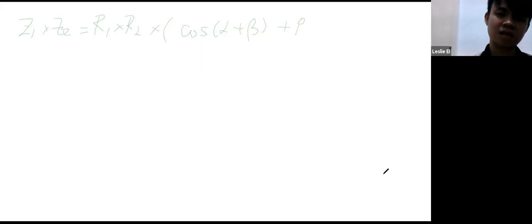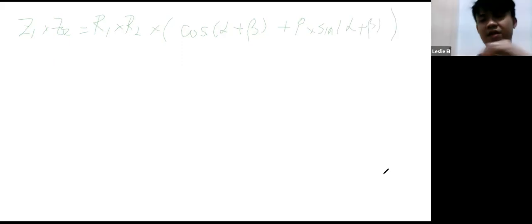You can apply the second row on the trigonometry equation, which equals sin alpha plus beta. If you expand sin alpha plus beta, it gives sin alpha cos beta plus cos alpha sin beta.